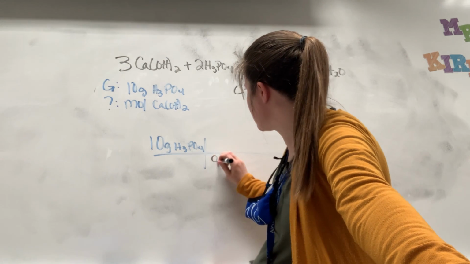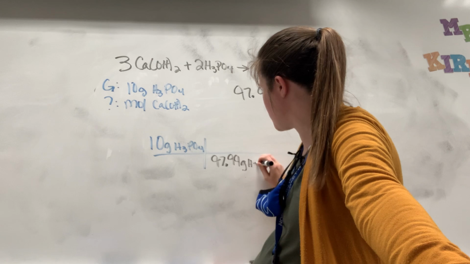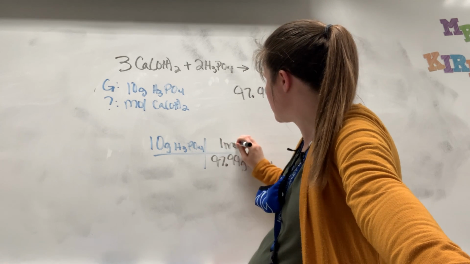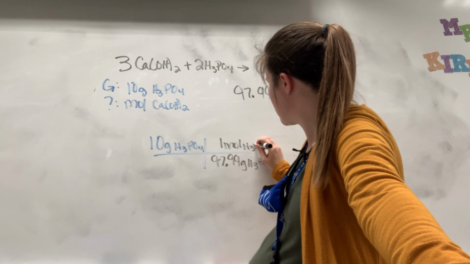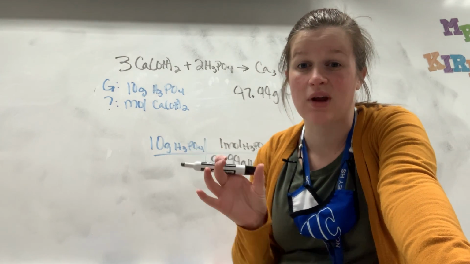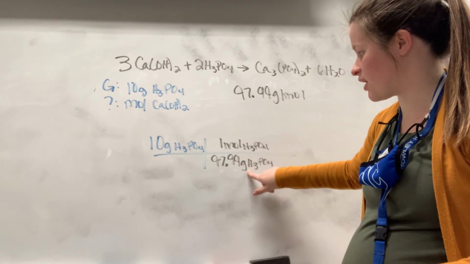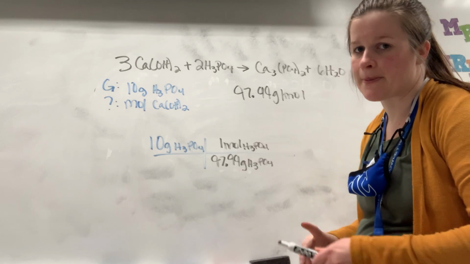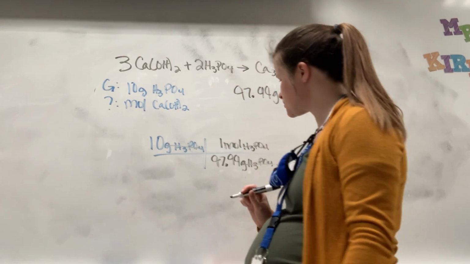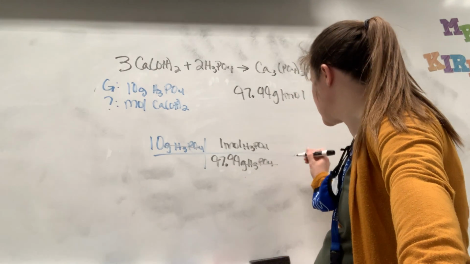So you're gonna do 97.99 grams of phosphoric acid. And then that's always equal to 1 mole, because remember, molar mass is grams per mole. So it's always gonna be, the molar mass is with the grams, and 1 is with moles. So grams cancel grams. And now you're in moles of phosphoric acid.